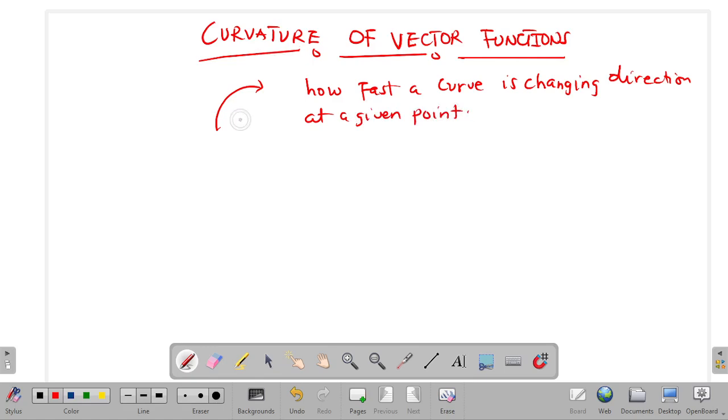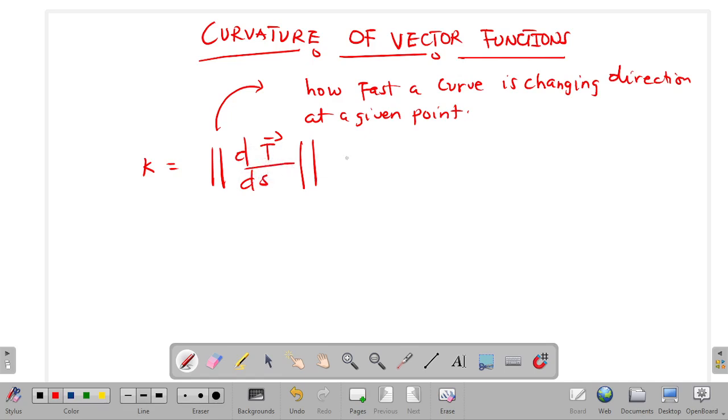What's the formula for finding curvature of a vector function? Curvature, represented as kappa, is generally given as the derivative of the tangent vector T over the derivative of the arc length.